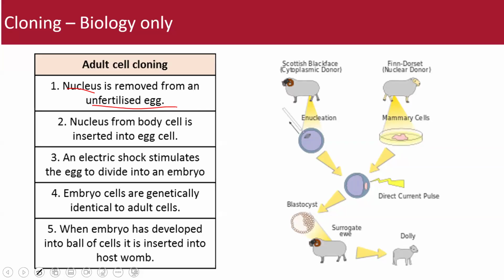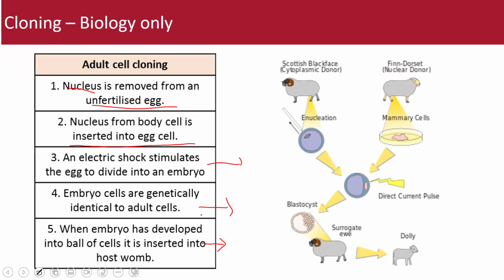The nucleus from the one that you want is then inserted. An electric shock is there to stimulate. The embryo is then genetically identical. Then you get a ball of cells and they're reintroduced into the host womb.